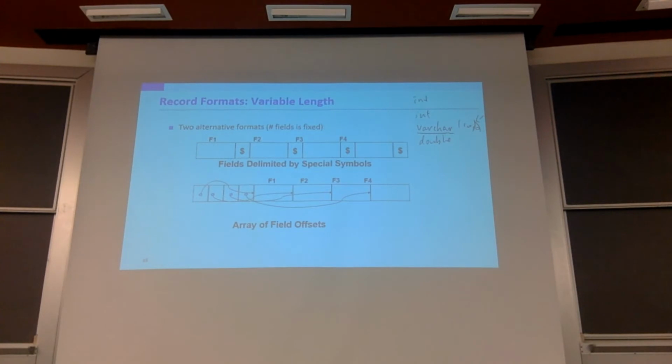So the way to do that is you can either use a special character to specify the end of each field, like the dollar here. This dollar will be some kind of byte that's not going to appear in your fields. So for varchar, it could be some kind of invalid combination.